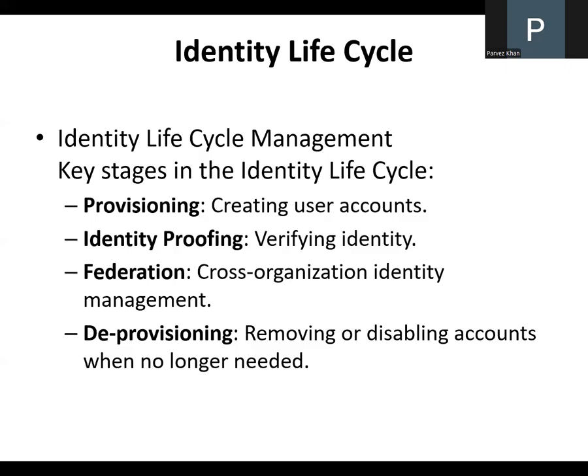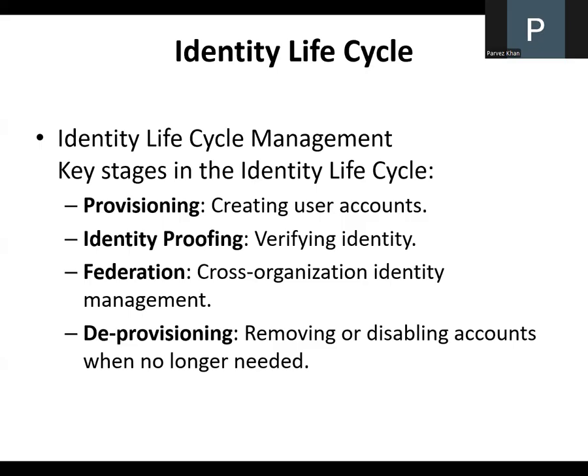And again, the life cycle. Once we have identified and given the access, authorization, authentication, and accountability happen. So there will be a life cycle. We have to provision: we have to create the account when a user joins an organization, based on his role.